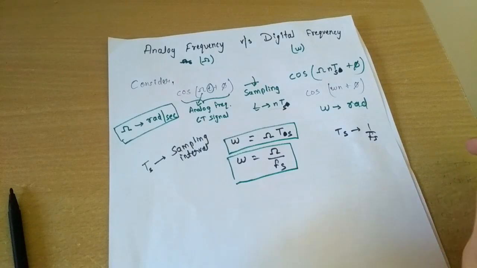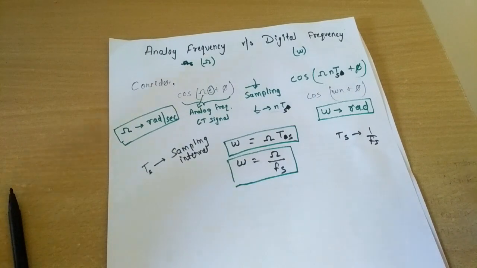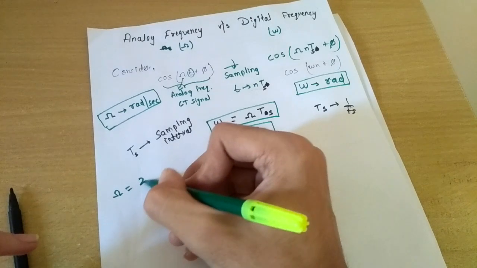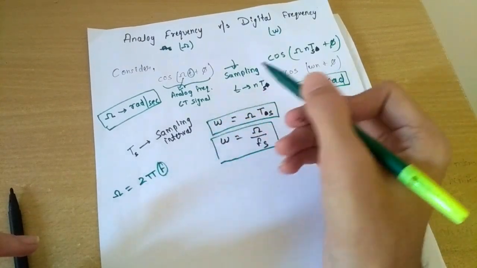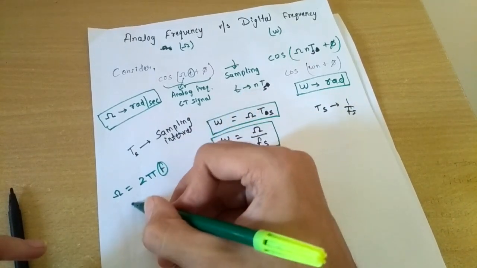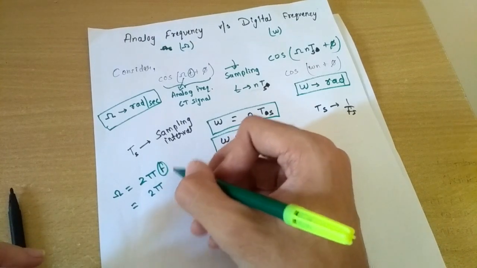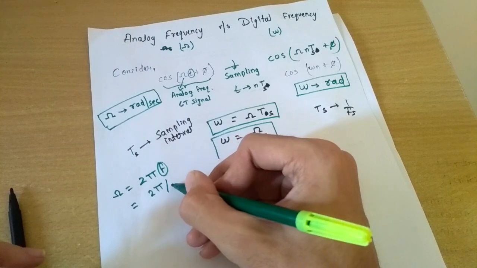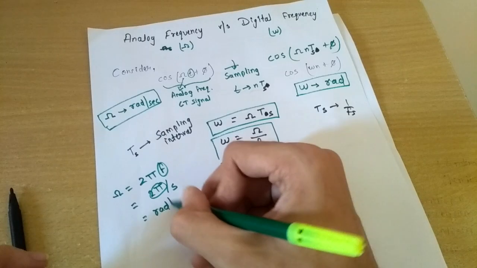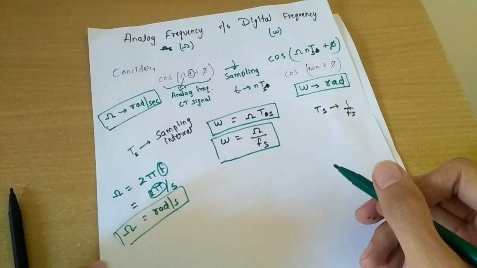Actually it is dimensionless, but since radian is also dimensionless, we denote it by radian. Now you will say how? Let me show you. As we all know, Ω equals 2πf, where f is our frequency in the time domain. So 2π is dimensionless, and frequency has unit per second, and this is angle, that is radian. So the analog frequency has unit radian per second.